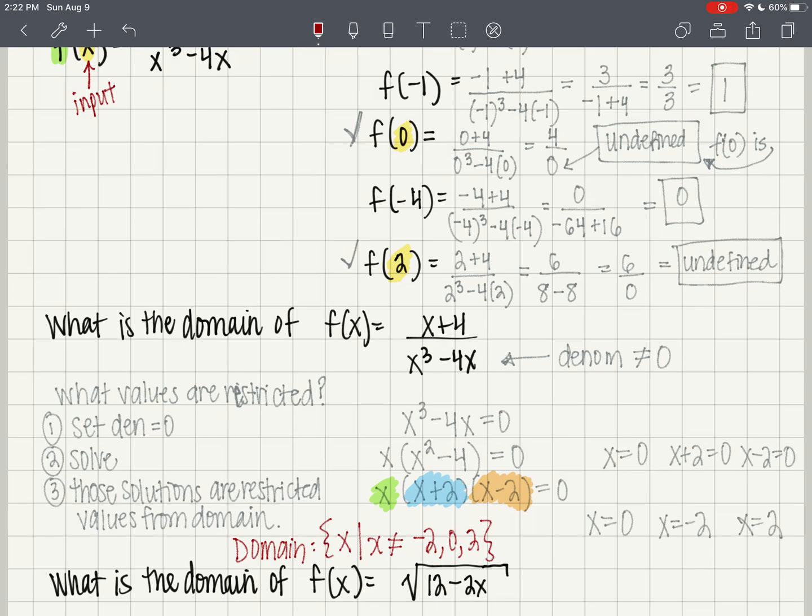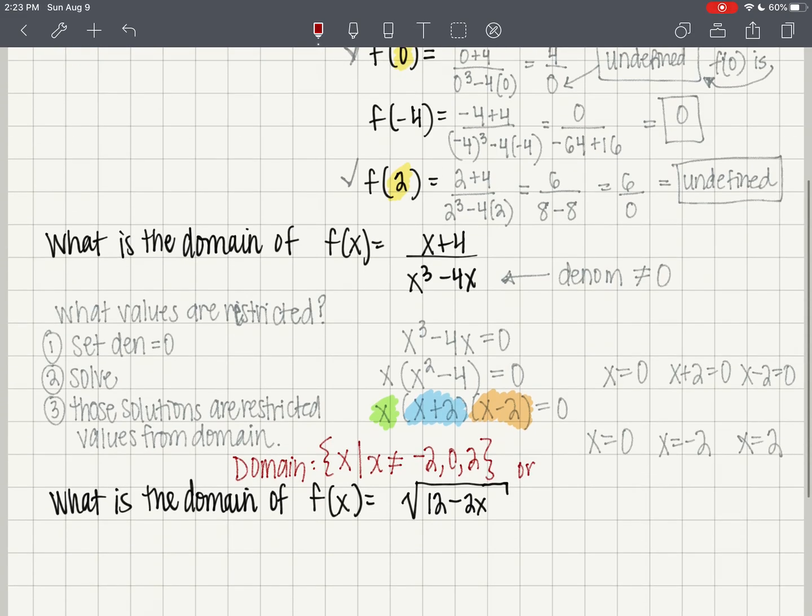I love this notation. It's called set builder notation. This notation is very easy and clean, but many have started using more often than not interval notation. So that would be negative infinity, and then when you get to negative 2, it's not allowed.